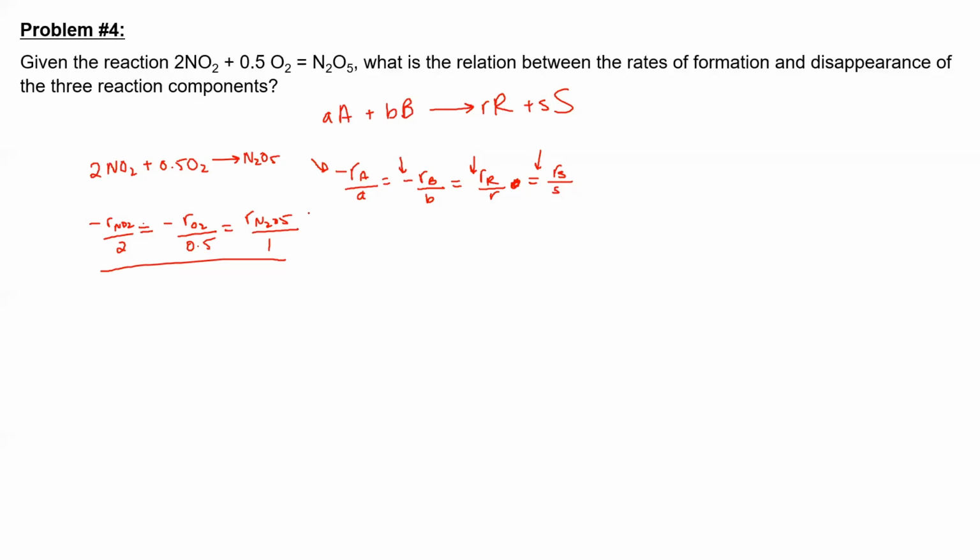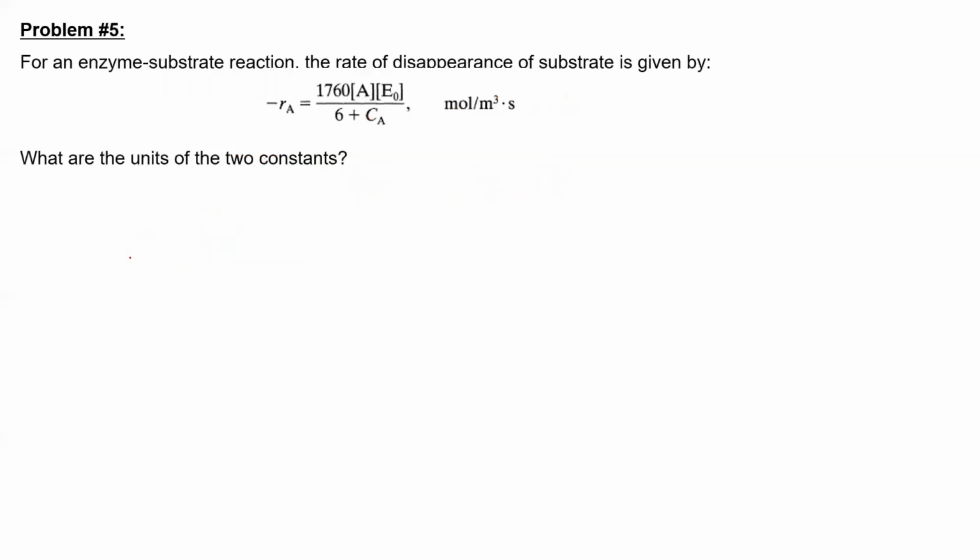Okay, so this is the relationship between the rates of formation and disappearance of the three components. Again, straightforward. Just follow the basics and solve your problem.